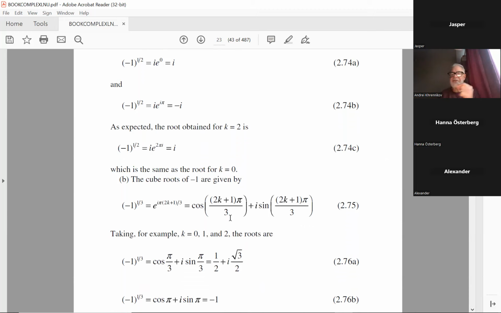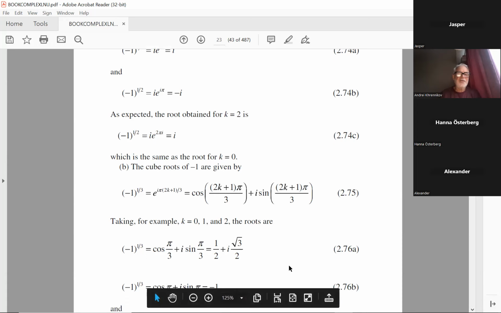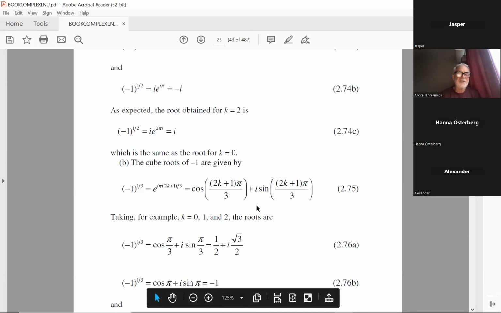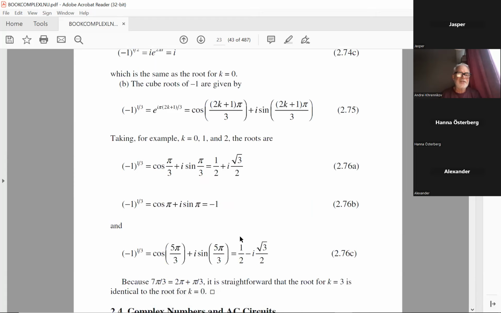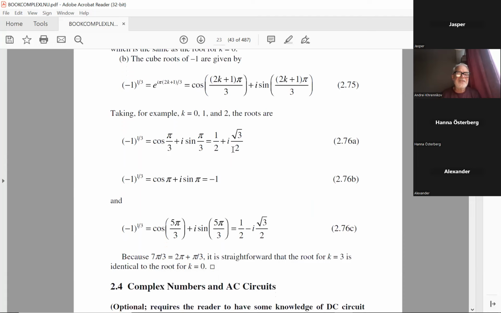What is the difference between roots of 1 and -1? In 1, here is an even number, 2k. In -1, here is +1. And then we again calculate these cosines, and we get these numbers, and we again see that they are conjugate.